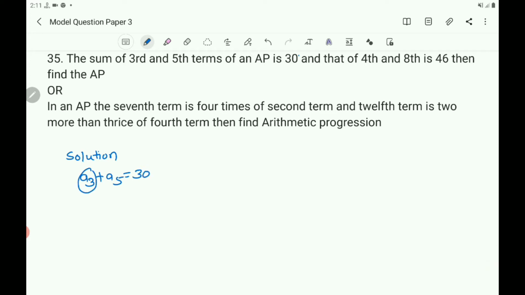A3, you know, in terms of A and D, you can write it as A plus 2D. A3 means A plus 2D plus A5. A5 is A plus 4D. A plus 4D, that equals 30.